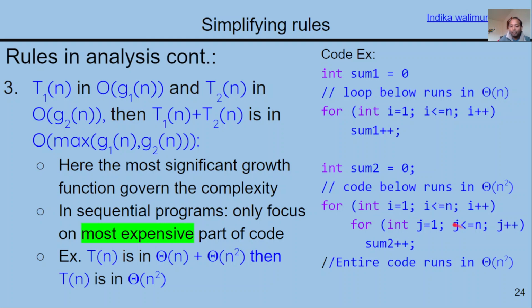Okay. So there are n to the 2 iterations here. So this part runs in big theta of n to the 2, and the total cost is basically the sum of these two. Okay, so that means the total program runs in basically big theta of n to the 2.